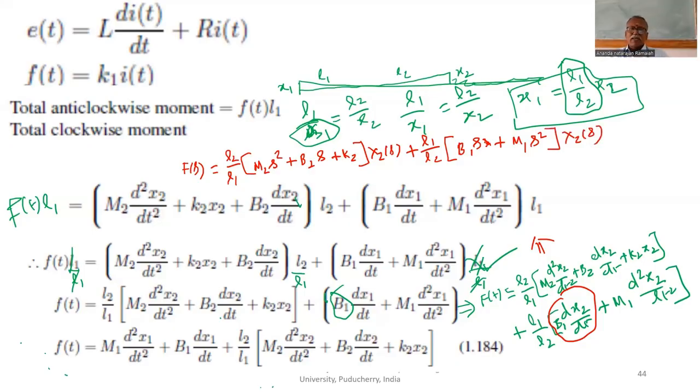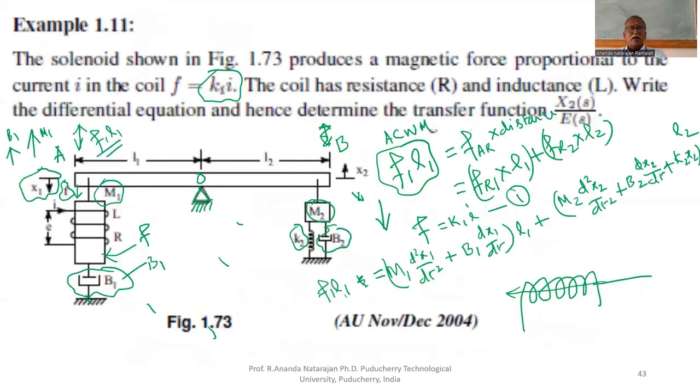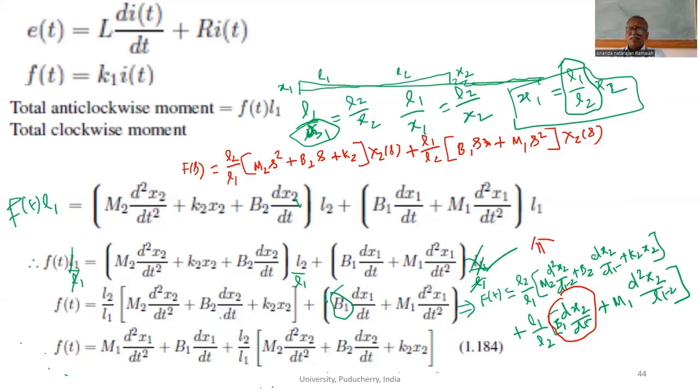So now you can bring X2(s) to one side. What is the transfer function required? Laplace transform of output upon input. Input is E(s), but here it is in terms of F(s). So what is the relation for F(s)? We have to take E(s).